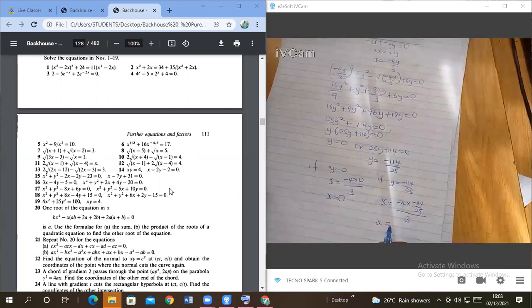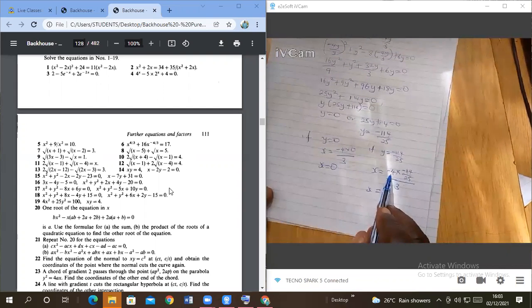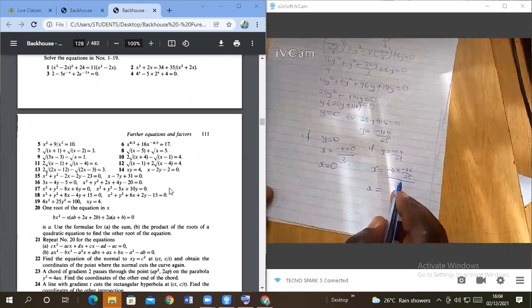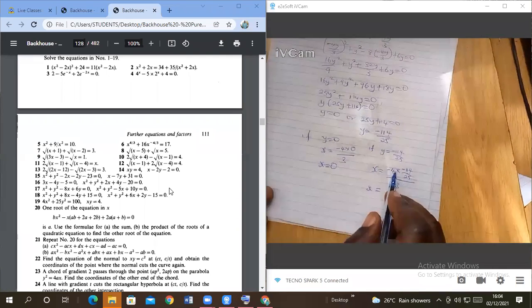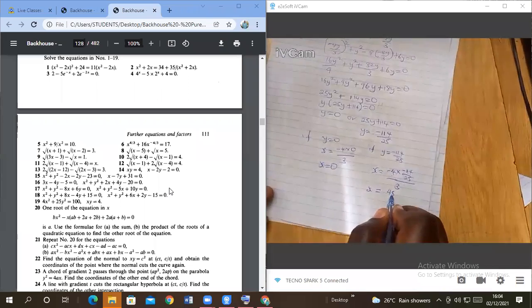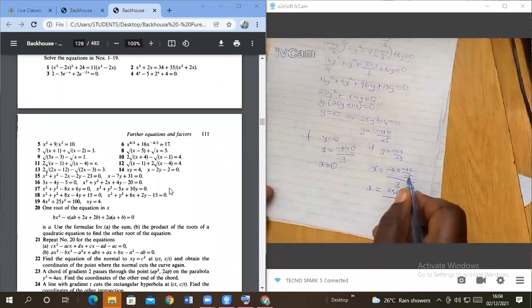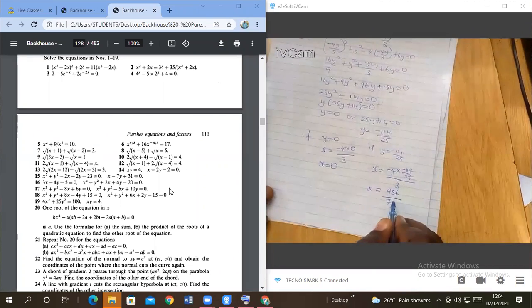Now somebody quickly sort us out. What is negative 4 times negative 114? 456. 456 over, you can multiply the 3 by 25, giving us 75.